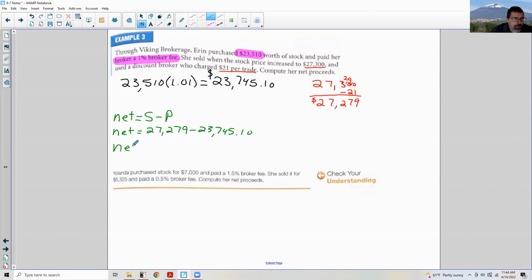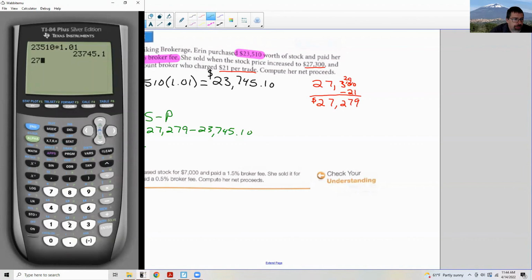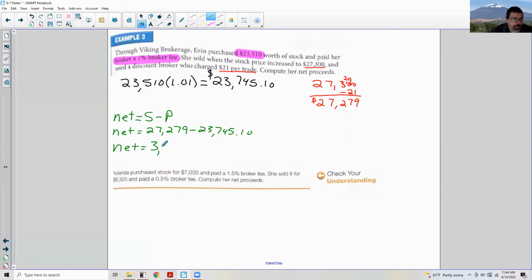So her net proceeds are $3,533.90. Those are her net proceeds after fees.